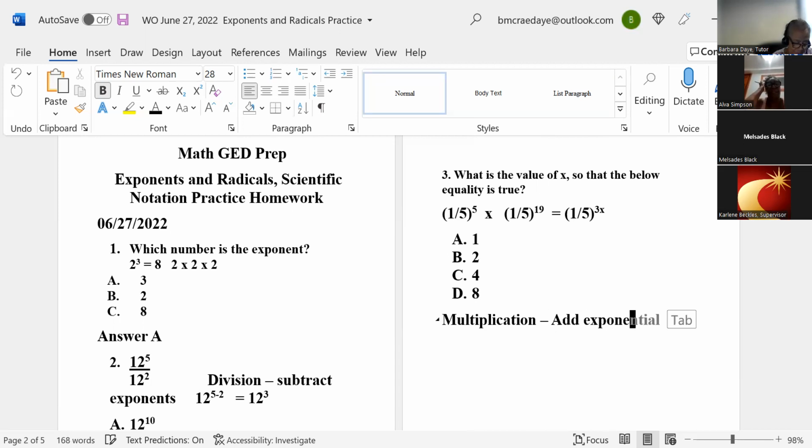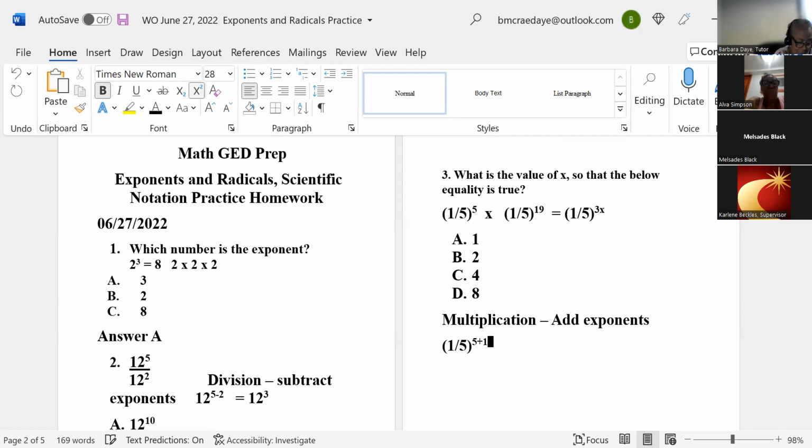Yes. Okay, so that means you've got to add the 5 and the 19, that's 24. So this would be 1 over 5, and since it's adding, that would be to the 5th power plus 19.